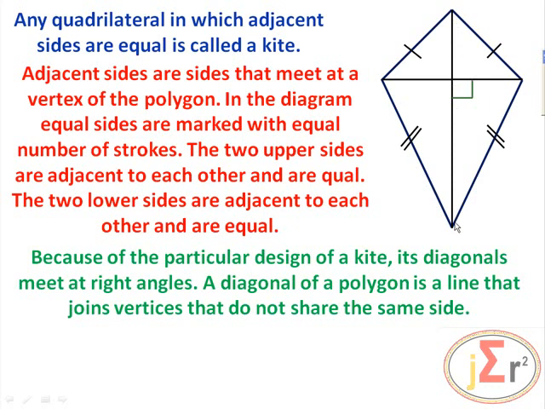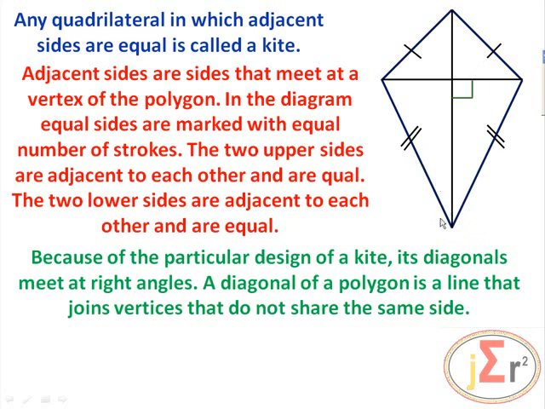In any case that we check right here, this vertex does not share any of the sides that this vertex shares, because this one is sharing these two sides and this one is sharing these two sides.